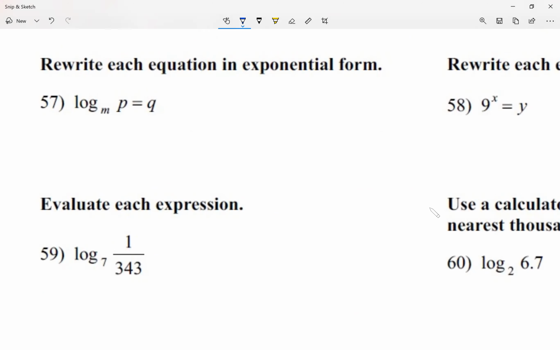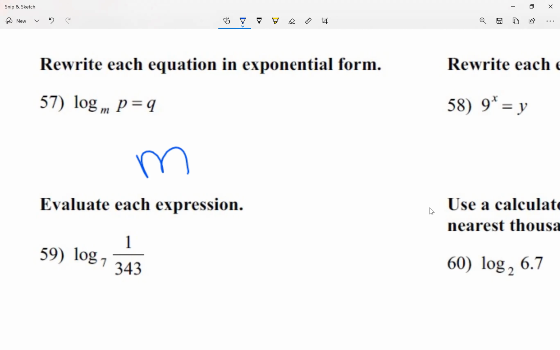Okay, so the way we read this to begin with, we said log base m. So m is going to be the base. That's what we call it as log base m. And I know that logarithms are for solving for the variable when the variable is the exponent. So I'm solving for the exponent.